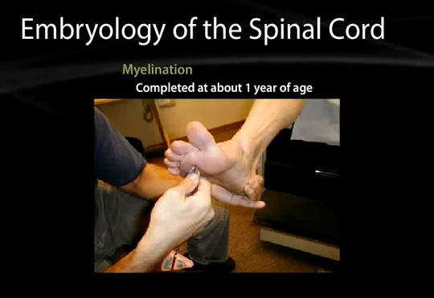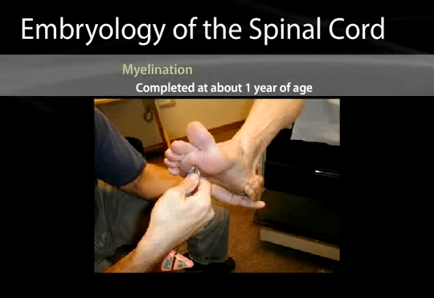We say, as neurologists, that myelination is completed at about 1 year of age, at least in the cord, because that's when we start to see the Babinski test, or the plantar response, reverse. A normal plantar response in an adult is flexor.